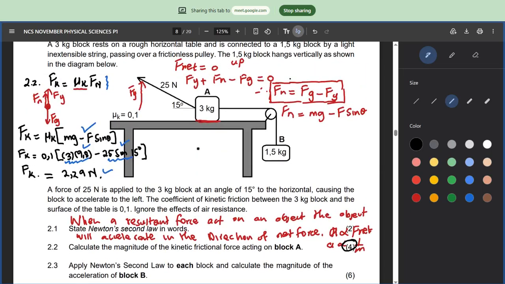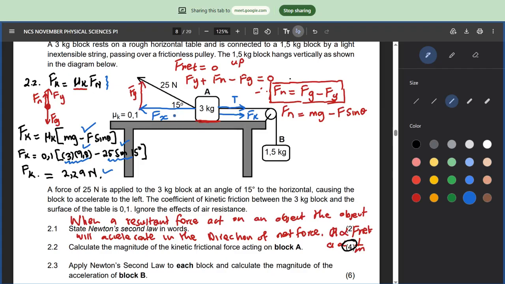So I'm going to indicate all the forces that are acting here. There's a tensional force going in an opposite direction, and then there will be a frictional force, that is your Fk, and then there will be my Fx, which is the horizontal component. So are these the only forces? Yes, these are the only forces.